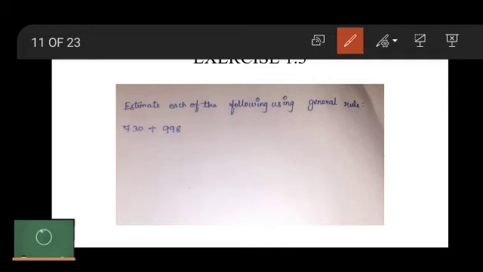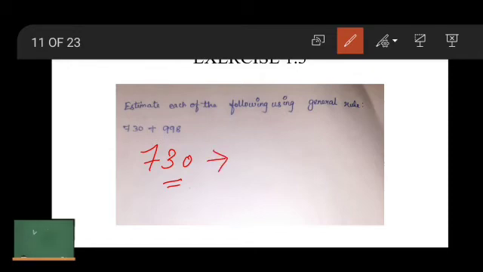The numbers given are in hundreds. What are we going to do? We are going to round off to the nearest hundreds place value. So 730. To round off to the nearest hundreds place, we have to check the tens place value.